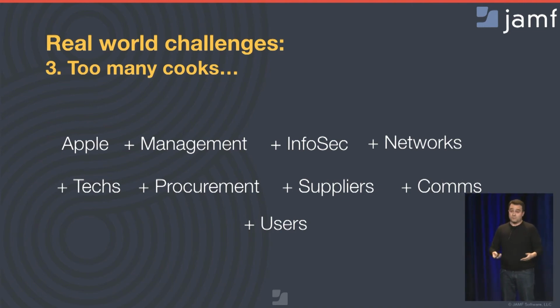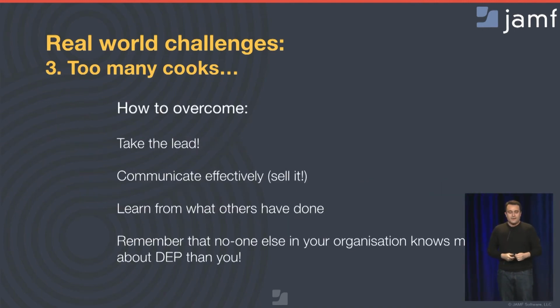And procurement, as per the example earlier, suppliers. If they're good, keep them. If they're not, you have to spend some time. You have to communicate this to people, so you have to work with comms, who again need to understand what DEP is and how to communicate this to their users, or to our users. And this is basically where it never ends, right? It keeps going and going and going.